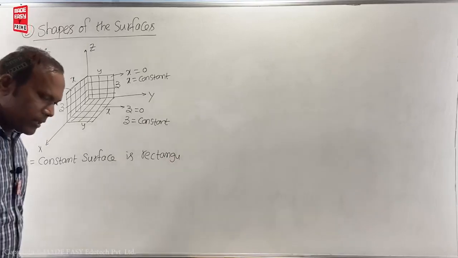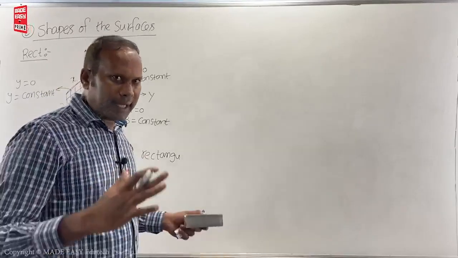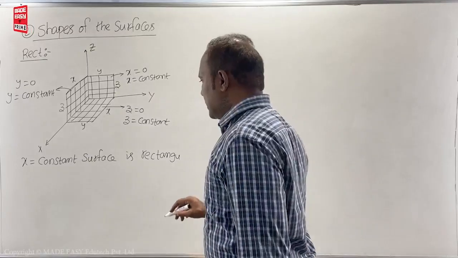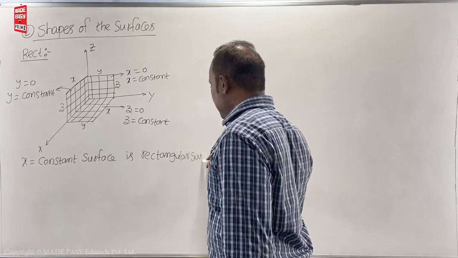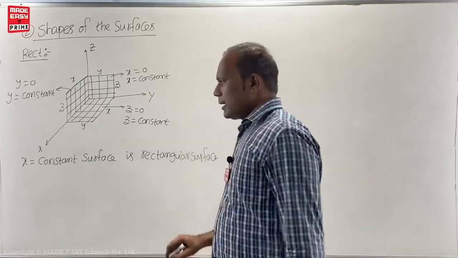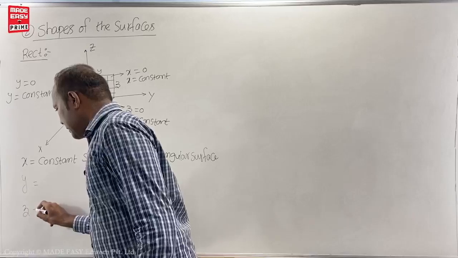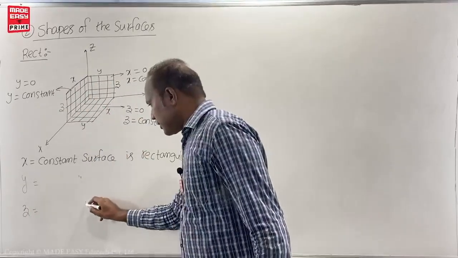But no need to write square surface because a square is a special case of a rectangle. A rectangle is the general shape. So the x equal to constant surface is a rectangular surface. Similarly, the y is equal to constant surface and the z is equal to constant surface are also rectangle shaped, as you have seen.